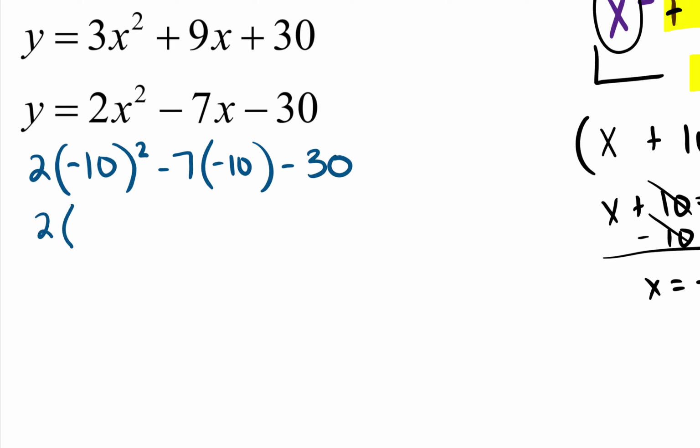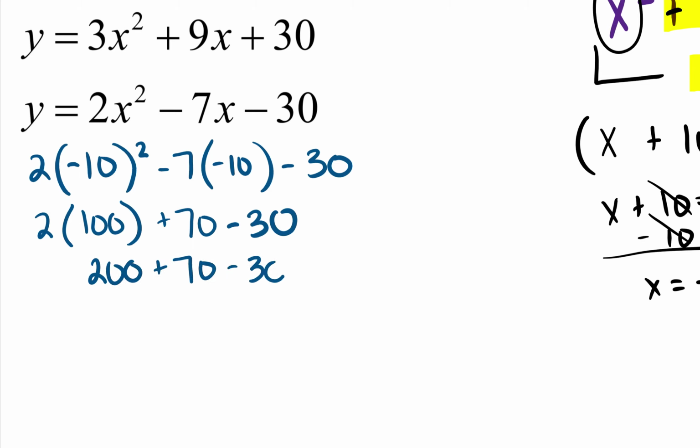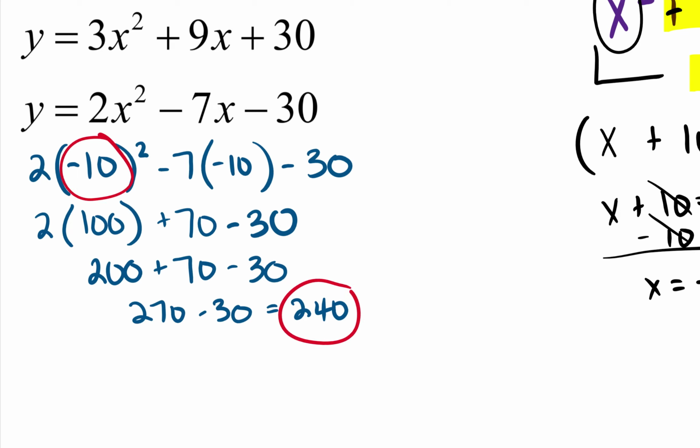So 2 times 100 plus 70. Whoops. Minus 30. So 200 plus 70 minus 30, 270 minus 30 gives me 240. Sweet. So one of my answers: x is negative 10, y is 240, negative 10, 240.